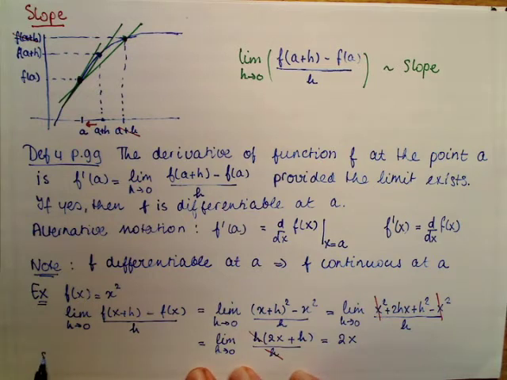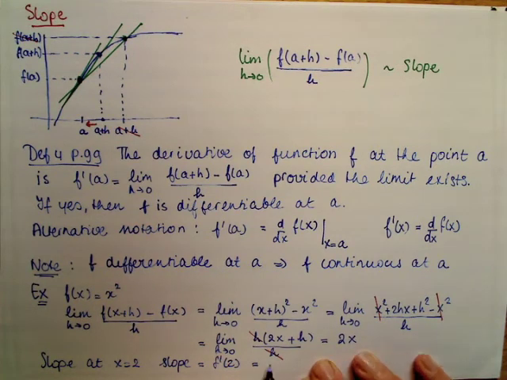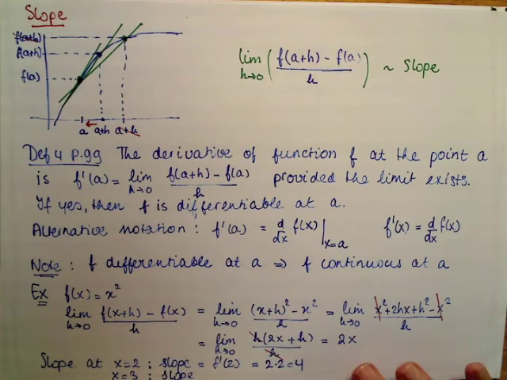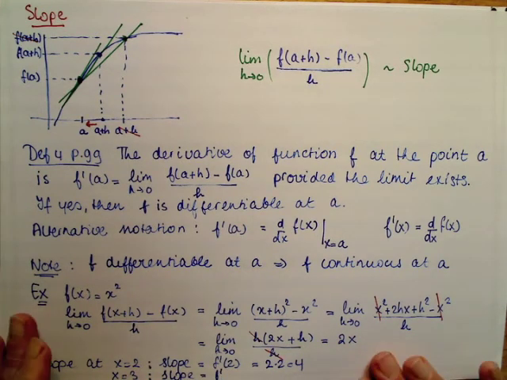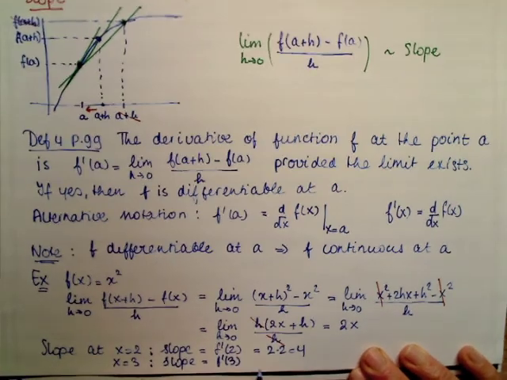So what is the slope? If you calculate the slope at the point x equals 2, then f prime 2 is 2 times 2, which is 4. And if you calculate the slope at the point 3, then, I think this is not visible anymore on our page, but I will shift it upwards a little bit, we get f prime 3 is 2 times 3, which equals 6.